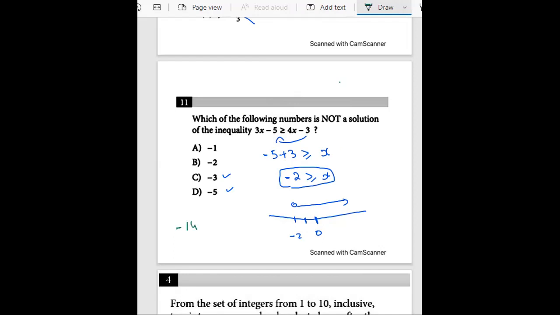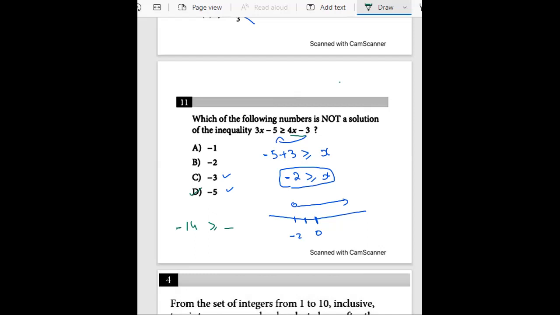And what is this side? This side is 4 into -3, that is -12. So this would be satisfied, right? -14 is less than this side. So this means that -3 will give us the correct answer. So obviously D would be the choice, right?